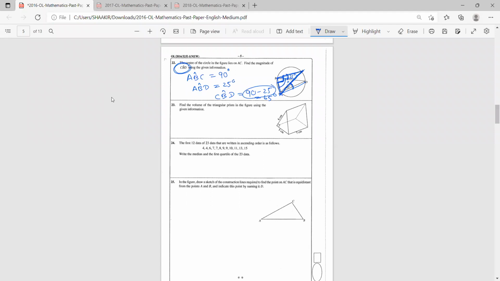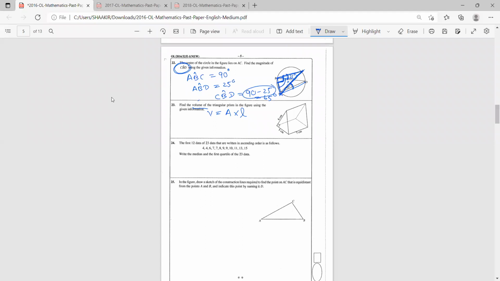Yes. Now let's see what they are saying in the question. Find the volume of the triangular prism in the figure using the given information. Now volume means, children, if you want to find the volume of the prism, if you multiply the area of the cross section by the length, you will get the volume. First, what is the cross section?